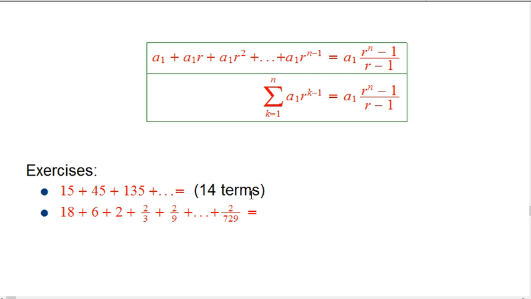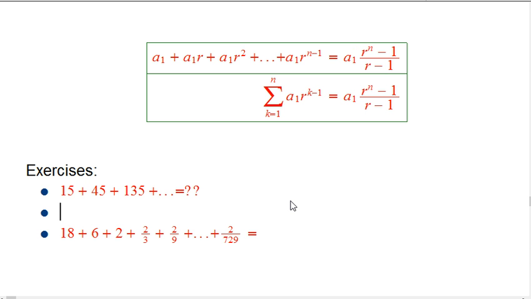So for example, what would be the sum of this geometric sequence? Let's check that it looks actually geometric. 45 over 15 is indeed 3. 135 over 45 is the same number, 3. So it looks like we have r equals 3.